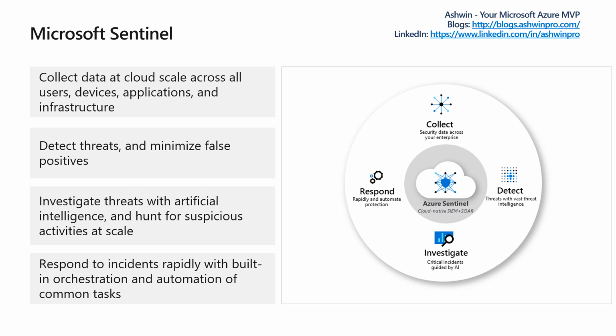Once it is able to detect, you can investigate the threats by using AI, and even you can hunt for any suspicious activity in that particular data that is collected. And then you can respond to the incidents by creating any orchestration or automation for most of the common tasks.